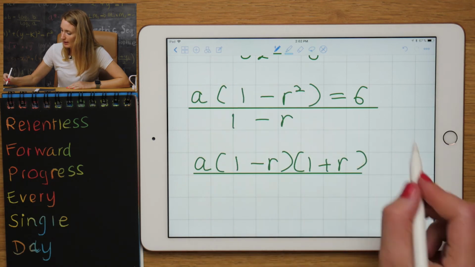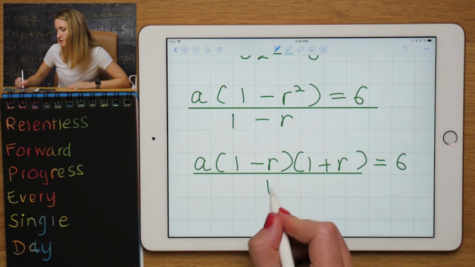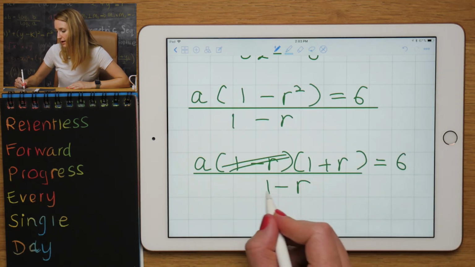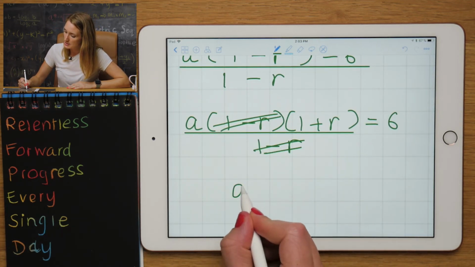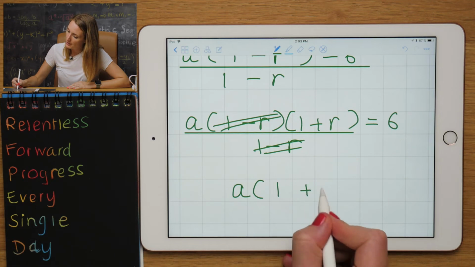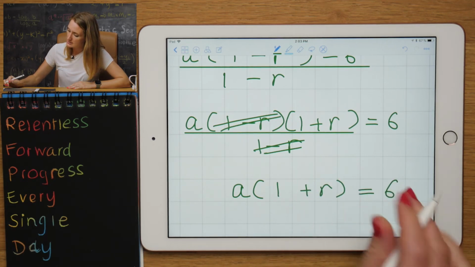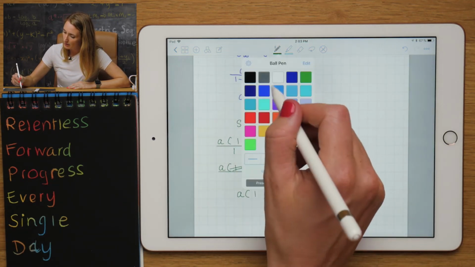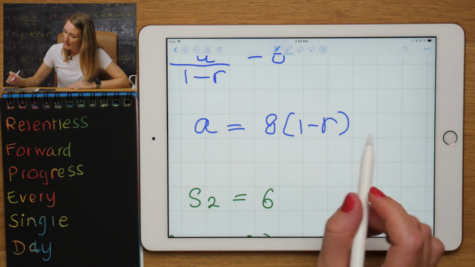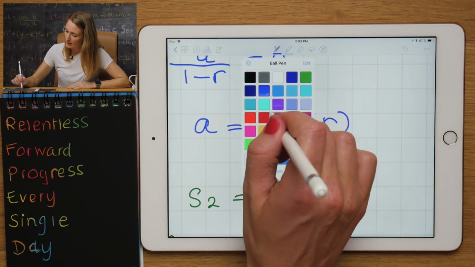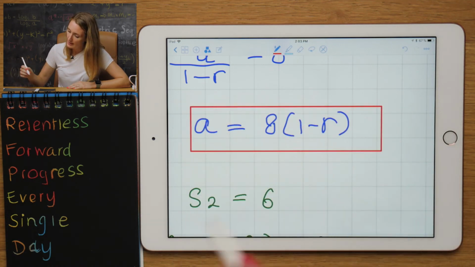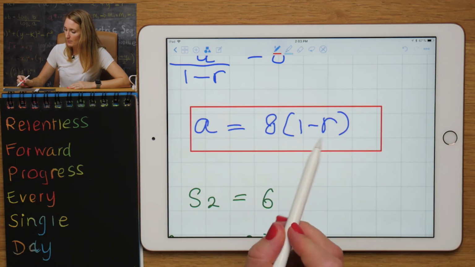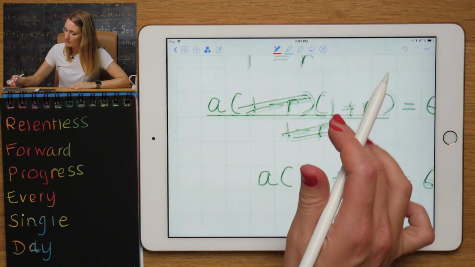Again, if you can cancel this equation down, like that here and like that there, your life is going to be much, much easier. So I'm left with a(1 plus r) equals 6. Now I'm going to go back and put in the a that I found in the beginning, this a here, into that equation. So a is 8(1 minus r).